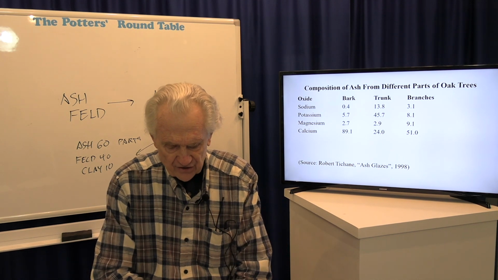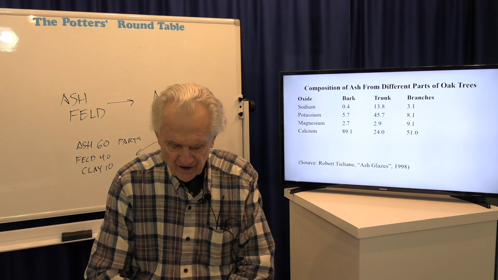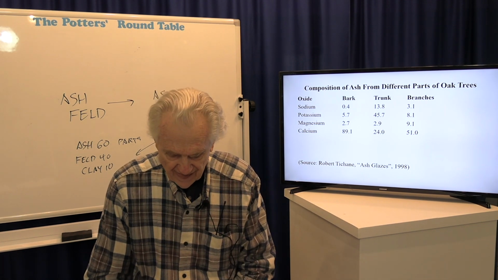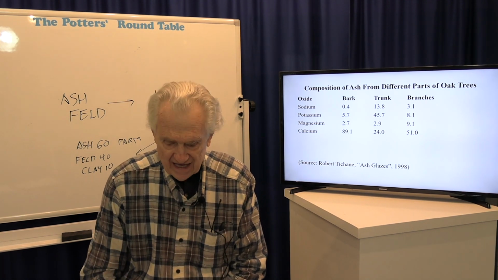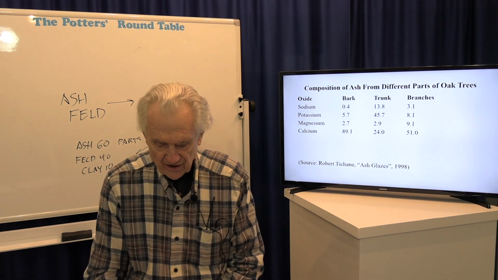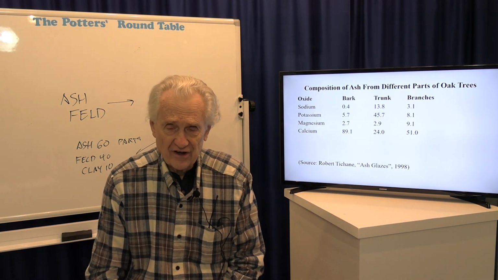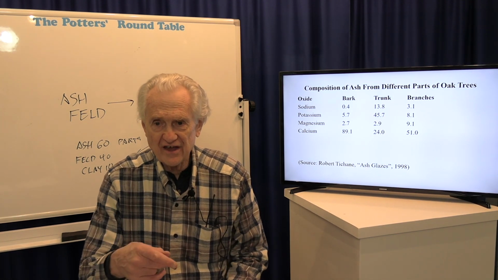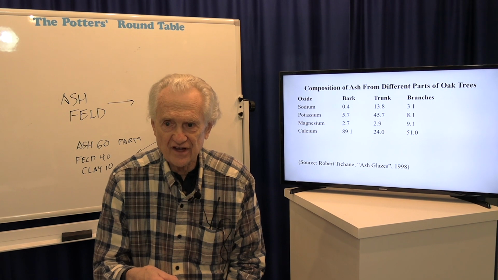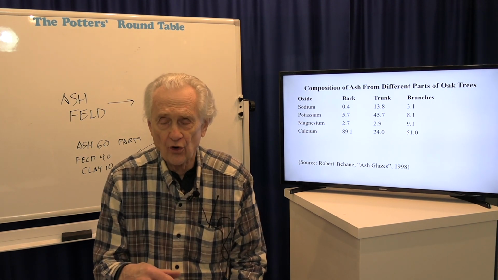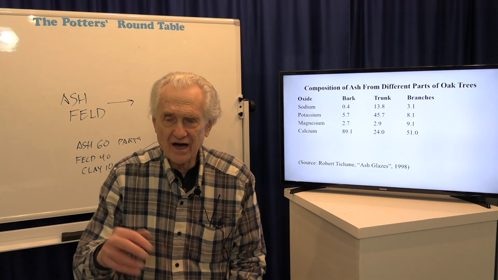And finally, if you're just going to be using a published glaze recipe, and we'll be talking about a number of these in a minute here, basically you could substitute the ash for a flux in any recipe, not just an ash recipe. You could say, I'm going to take a particular flux, let's say Gerstley borate, and what happens if I take out the Gerstley borate, all or part of it, and I put in my ash?